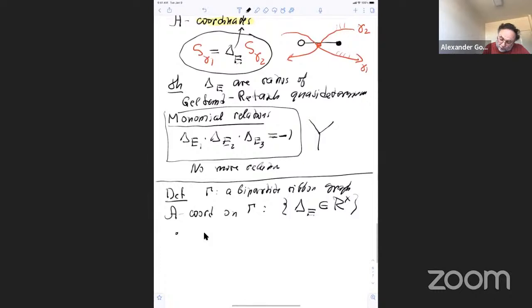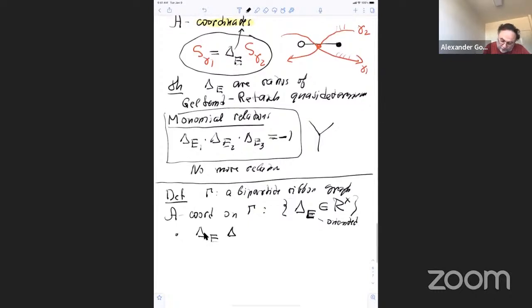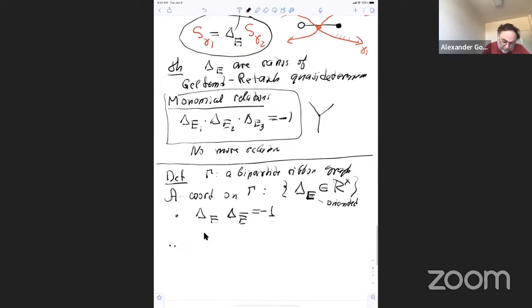So this edge is oriented. And what happens if you change the orientation? You just invert the number up to the sign. Also, if you have a vertex with many edges, E1, E2, and so on up to En, then the product of them, as before, equals -1.